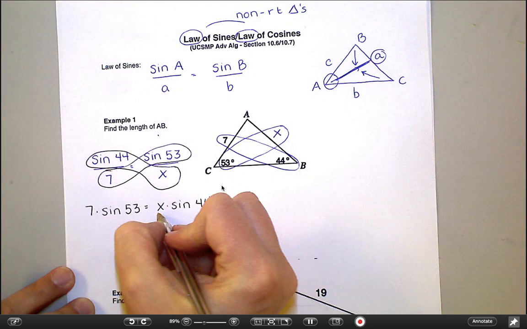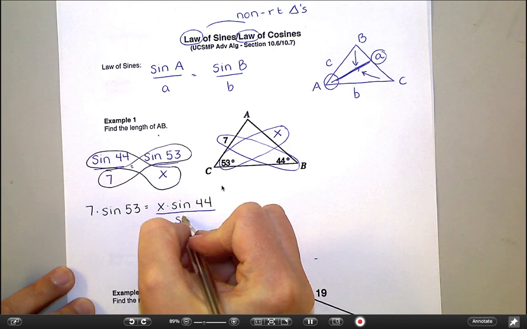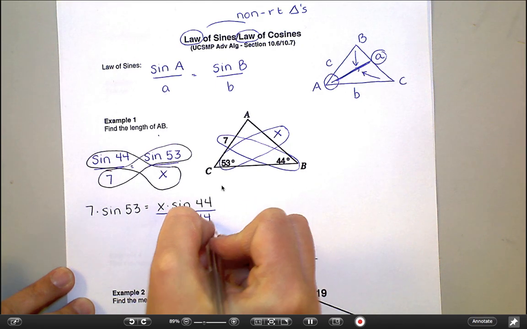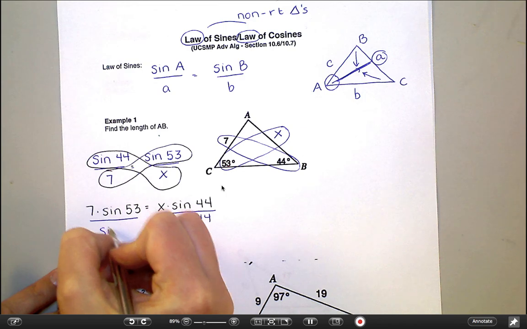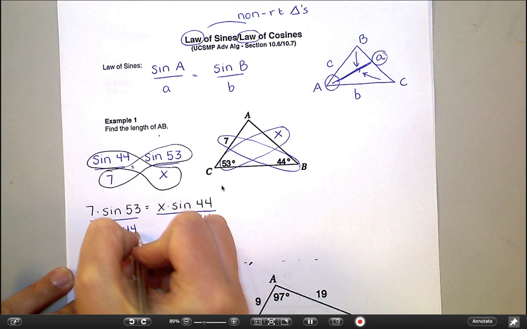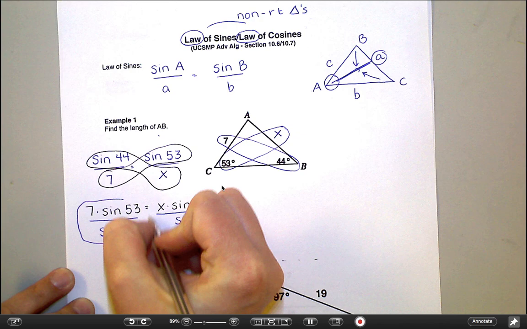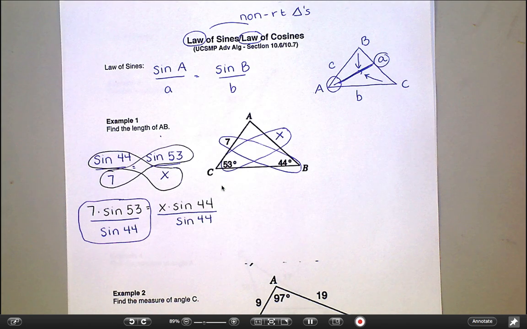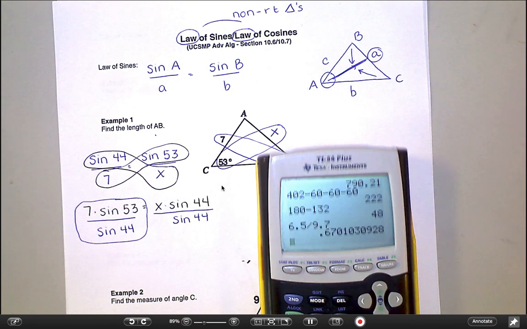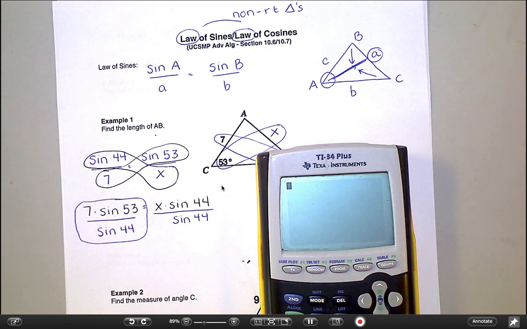And then I would divide by the sine 44 because I'm trying to get x by itself. And I'm going to put all of this into my calculator at one time. I'm just going to make sure that I'm careful about closing parentheses when I need to. Okay, so what that's going to look like: 7 times sine of 53, close your parentheses, divided by sine 44, close your parentheses. Okay, and I get 8.04.